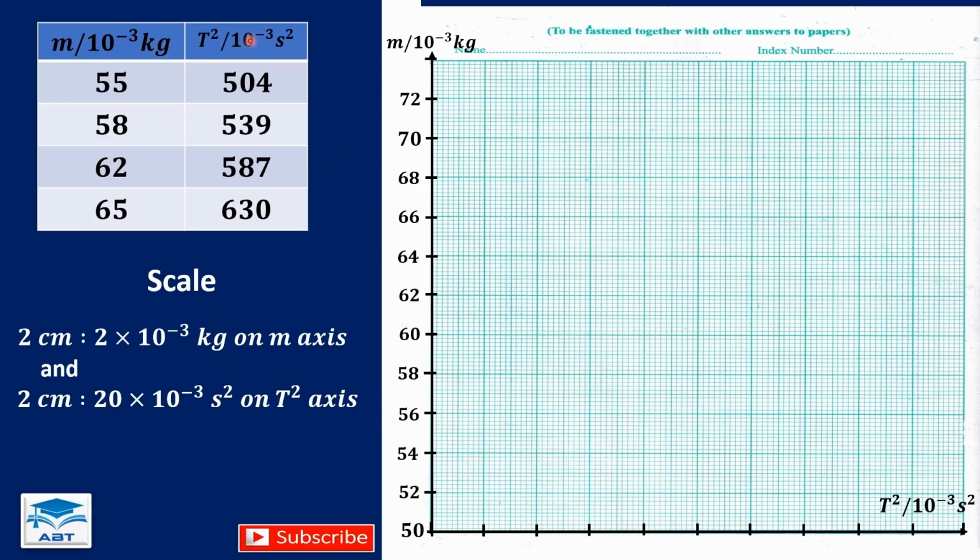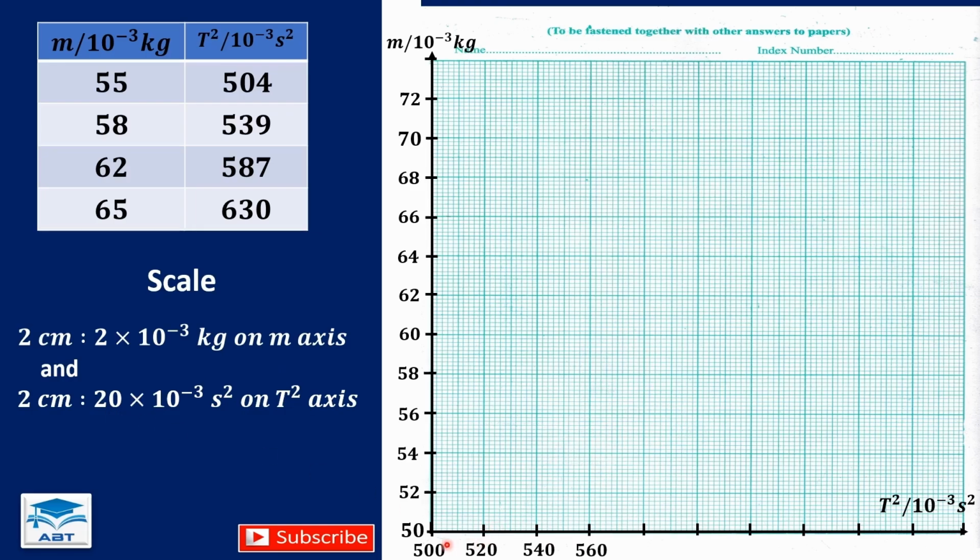And for t square axis, the least value is 504 and the highest is 630. So we can choose a scale of 2 centimeters is to 20 times 10 to the negative 3 seconds square on t square axis. So now we can start from 500 since the least value is 504, and we keep on adding 20.